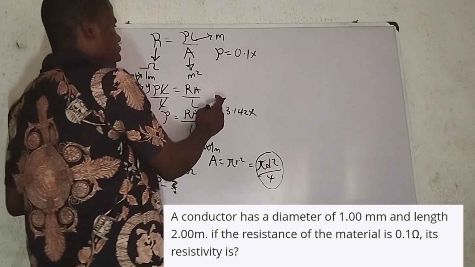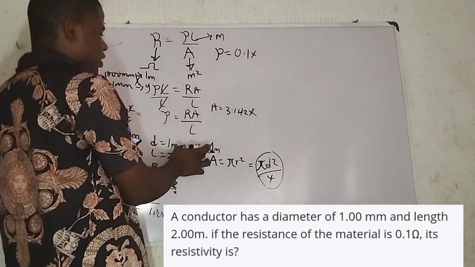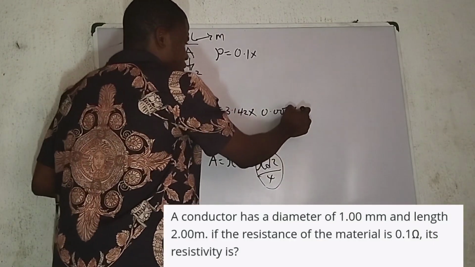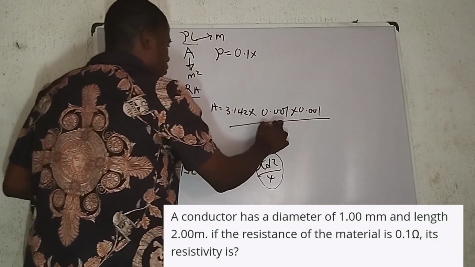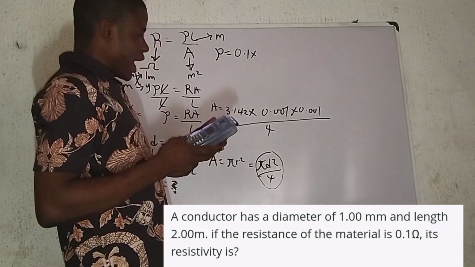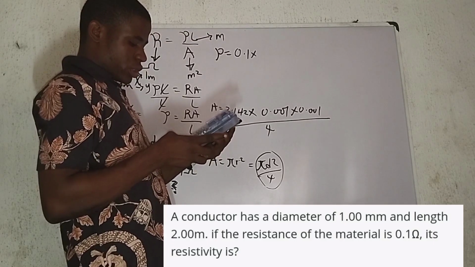Now the area is equal to pi d squared over 4. I've gotten my d to be 0.001, but it is d squared, right? So that is 0.001 times 0.001 all over 4. So I'll try 3.142 times 0.001 times 0.001.